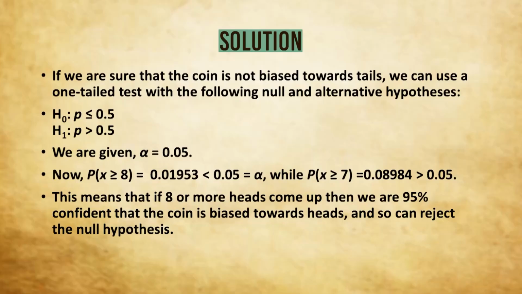So minimum how many heads should we get to reject the null hypothesis? We should get at least 8 heads. This means that if 8 or more heads come up, then we are 95% confident, because we are testing at 5% level, that the coin is biased towards heads. And so we can reject the null hypothesis.